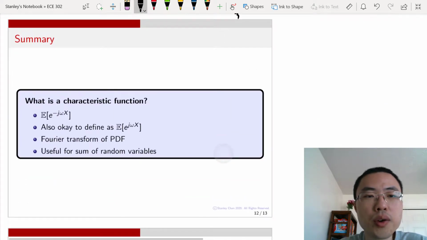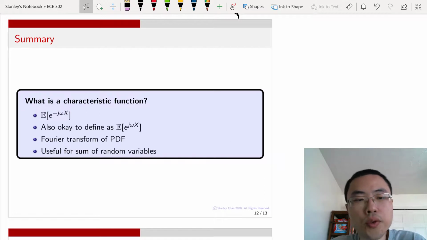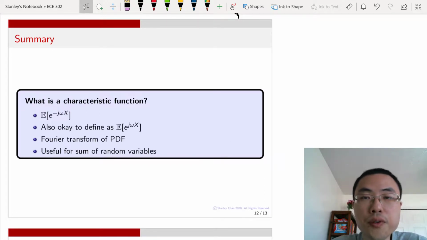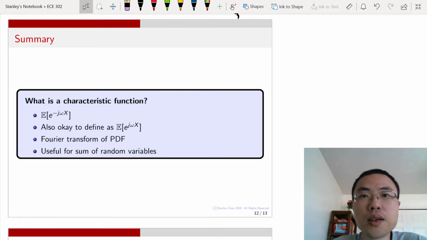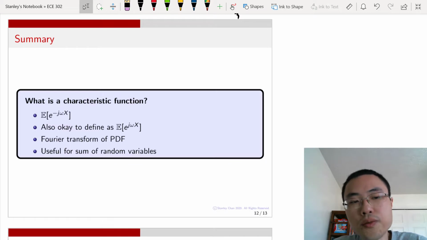So to summarize, I think we have learned this characteristic function through various examples. It is a very useful technique for us to deal with a sum of random variables. The characteristic function has a good linkage with the Fourier transform.